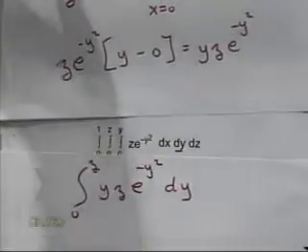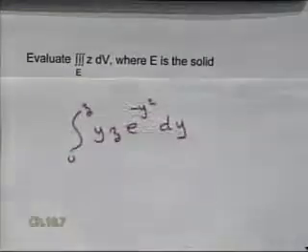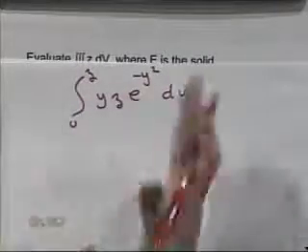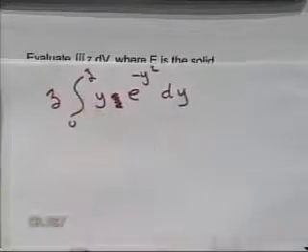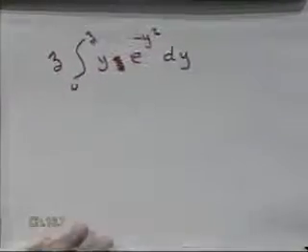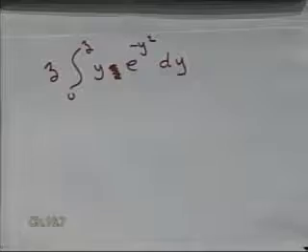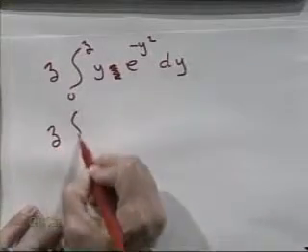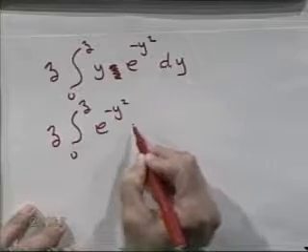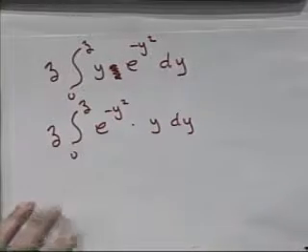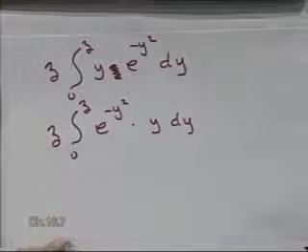Again, as long as you have a product, anything that doesn't have y in it, you can drop kick him out front because it's a constant. So I'm going to put that z out front because that's a constant when we're integrating with respect to y. And I say, how do I do this integral? This is e to the minus y squared times y dy. I think this is going to be an e to the u du.